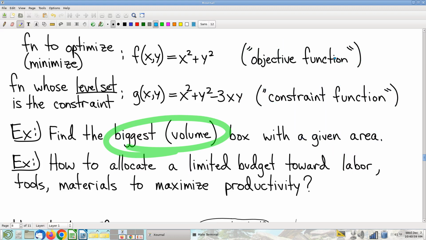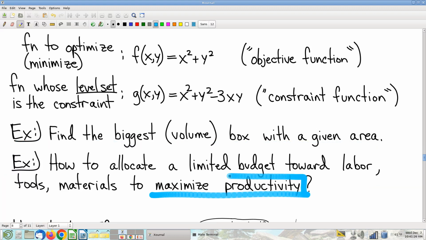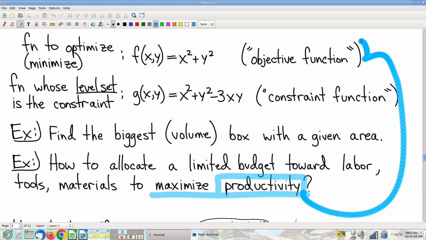Okay, let's see here. Another one, economics example. Suppose you're running a business and you got a limited budget. Sad realities of the real world, right? You only have so much money to work with. And given that, you want to maximize productivity, let's say. Of course you want to maximize your productivity. You're running a business here. Productivity is your objective function.